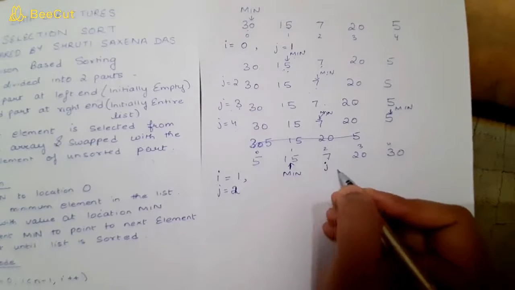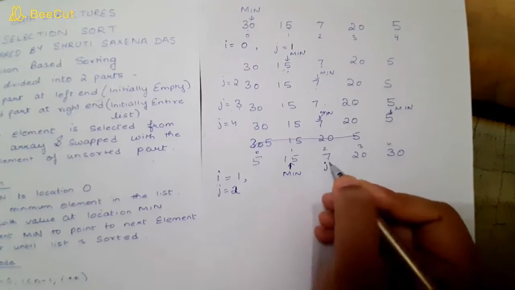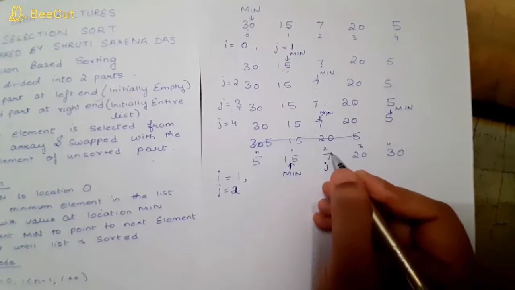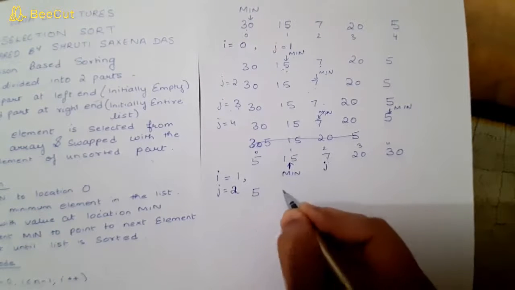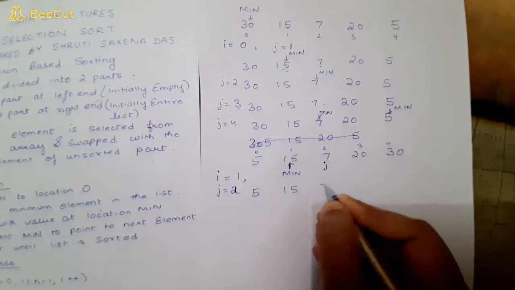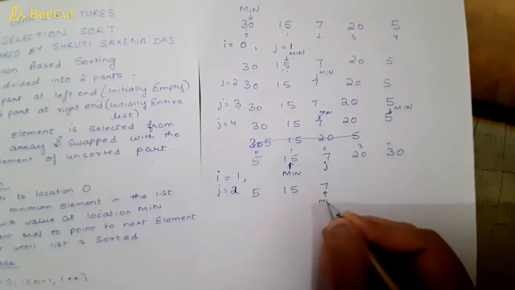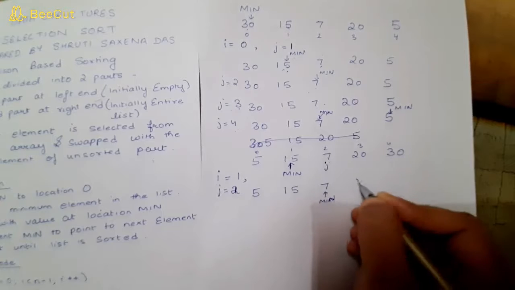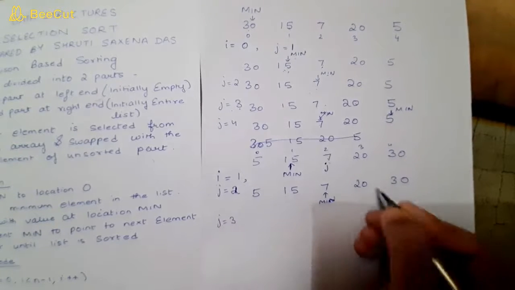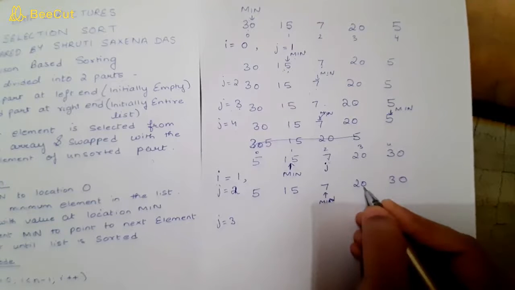So again what we are going to do, we have to compare array of j with array of min. If it is smaller, then minimum will be the j element. So we'll compare 15 with 7. As 7 is smaller, min will now point to 7 instead of 15. j value will be incremented. Now j equals 3, that means a of j will be 20.